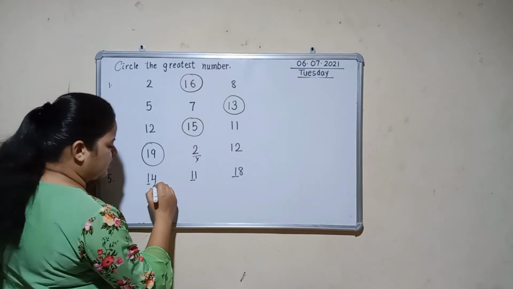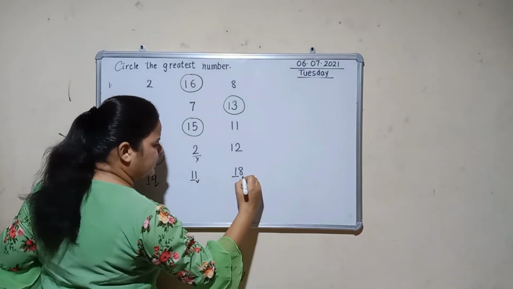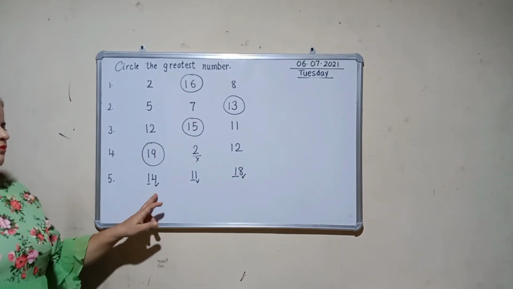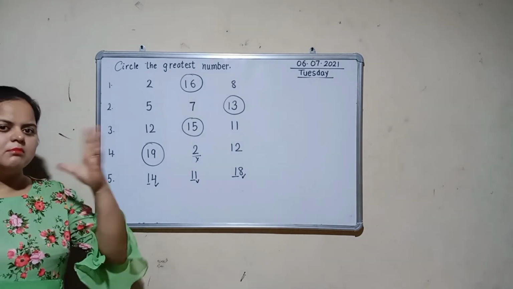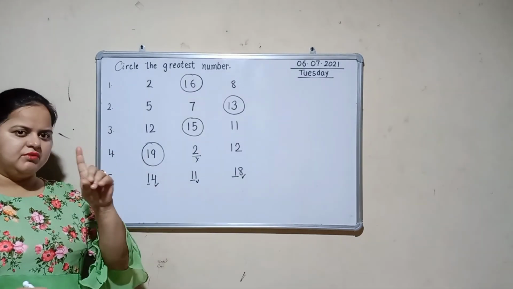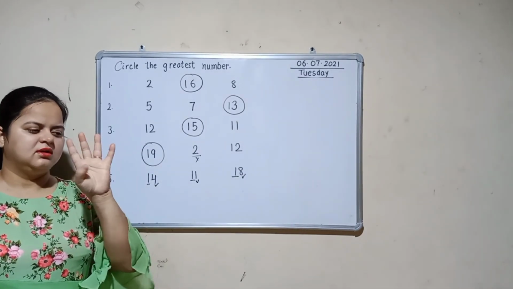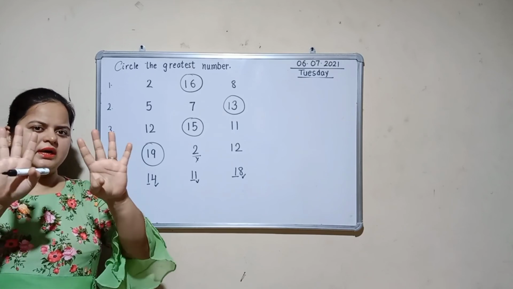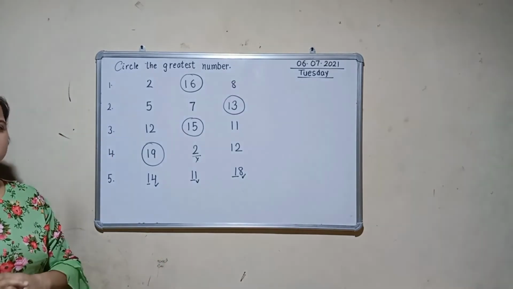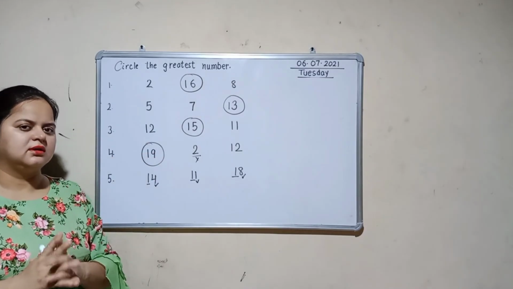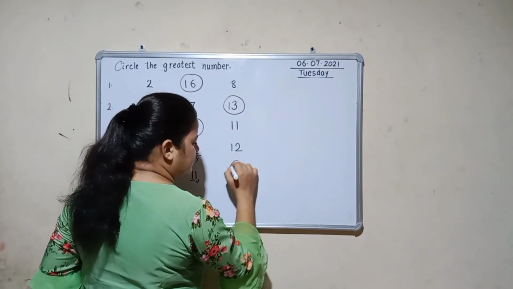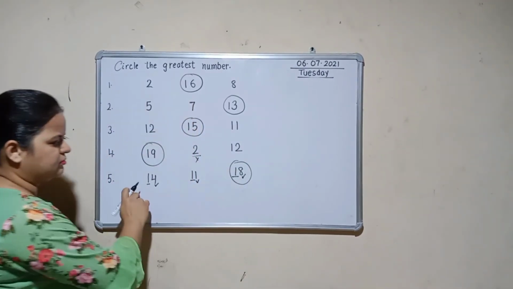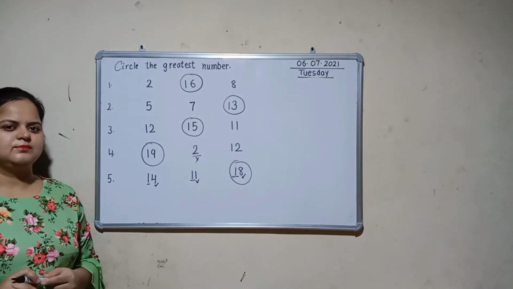So we will look here at 4, 1 and 8. Which number shows more objects? Is 1 more, 4 or 8? Which number shows more? 8. Very good. So 18 is the greatest number from these three.